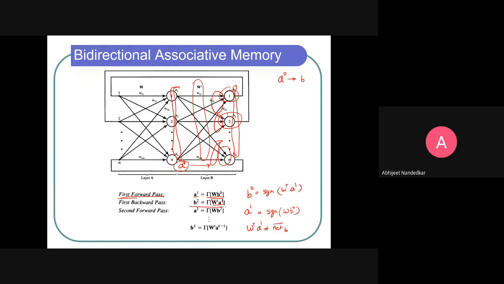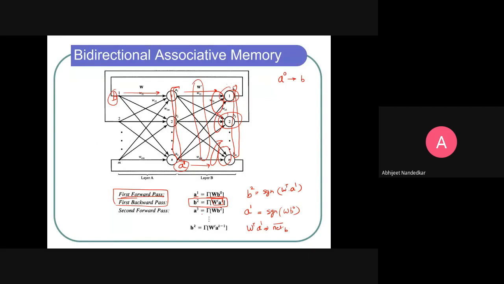Okay, and this is the step. So this is the first forward pass. You start with this B available here, you pass through this, then you pass again. So you got now a new B, that is B2.